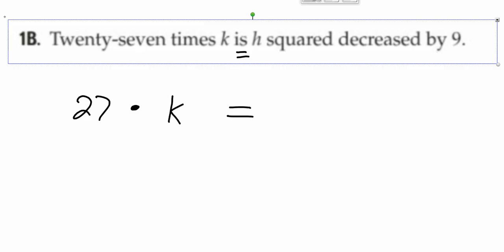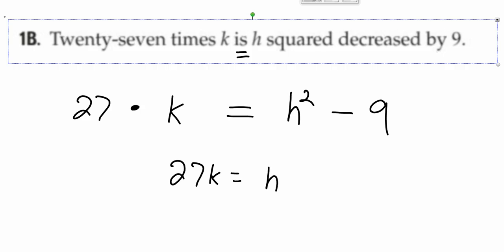Yes, that's going to be 27k, but let's write the right-hand side first. It says h squared decreased by 9. So h squared is the square of h, so h raised to the second power decreased by 9. And so putting this together, 27k equals h squared minus 9. All right, so there's 1a and 1b.